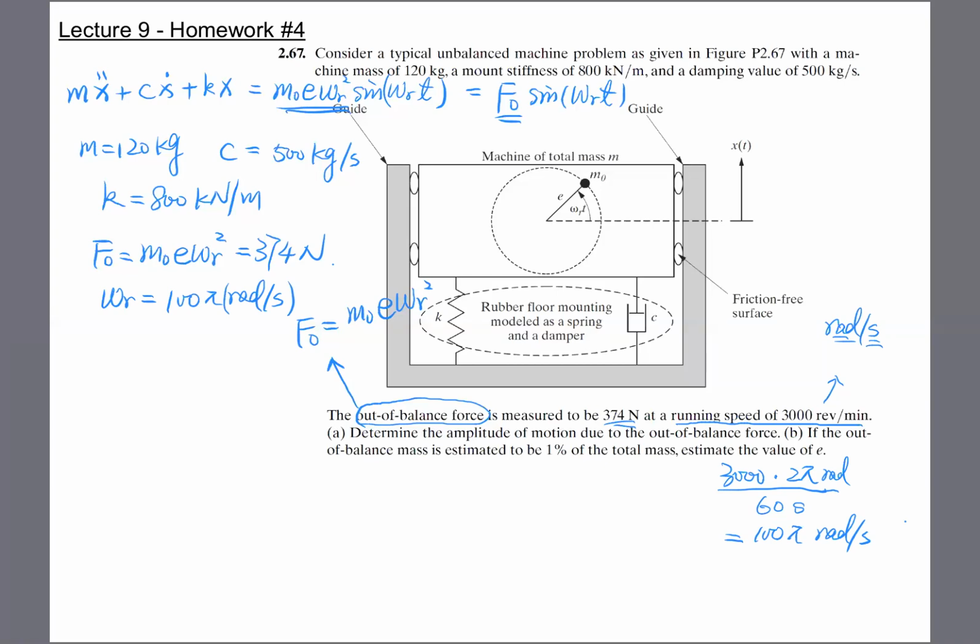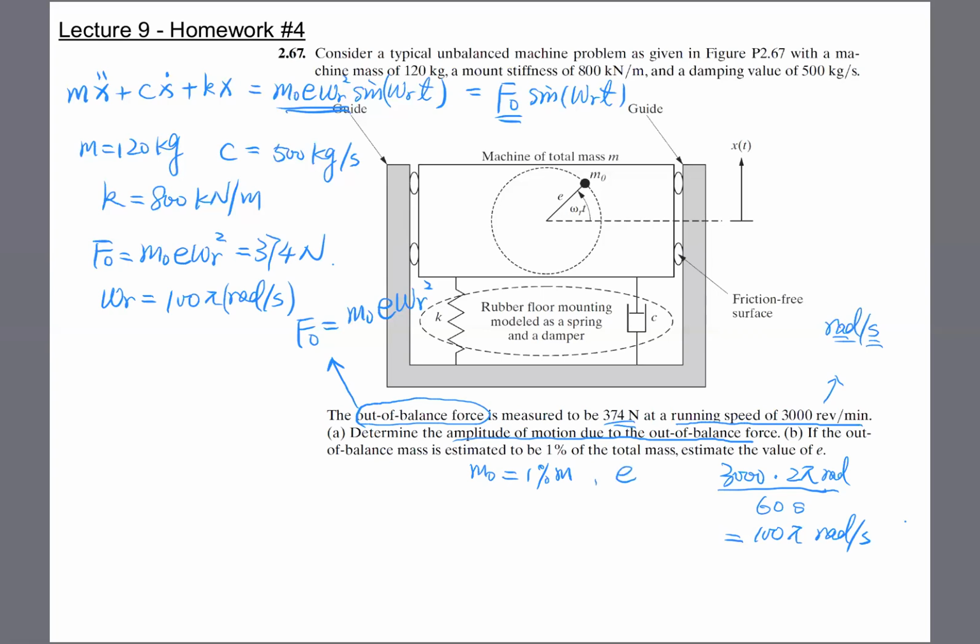So what else do we need? We need to determine the amplitude of motion due to the out of balance force. And we want to know, if this m naught is 1% of the total mass, what is e?